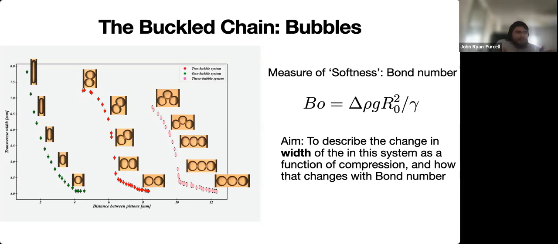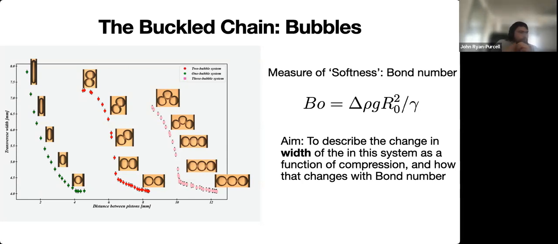But the interesting thing now, unlike the hard spheres, which begin to buckle under infinitesimal compression, is that there is some sort of critical value of compression at which these structures begin to buckle. At some point, the bubbles just squeeze together, but eventually it's more favorable for them to buckle by moving outwards.